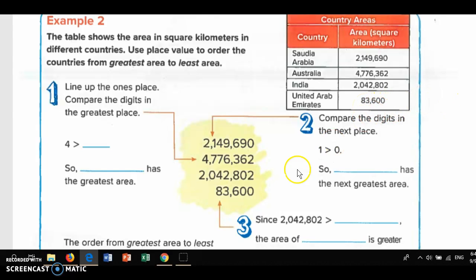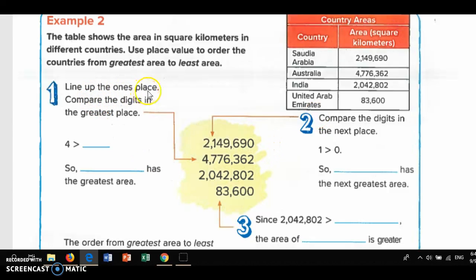The first thing that we have to do is put them exactly under each other. All the ones must be under each other. All the tens, all the hundreds, all the thousands, all the 10,000s, the 100,000s, and the millions. All of them must be under each other.